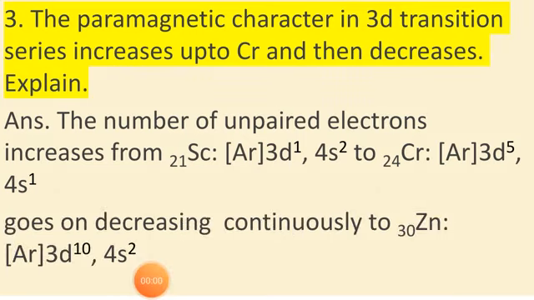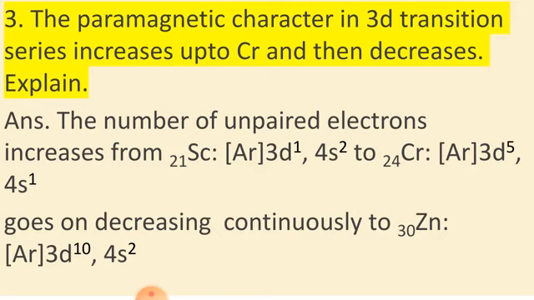So look at the answer. The number of unpaired electrons increases from scandium, atomic number 21, to chromium, atomic number 24. Look at the electronic configuration of scandium, [Ar] 3d1 4s2, to chromium, [Ar] 3d5 4s1. That means the greatest number of unpaired electrons belongs to chromium.